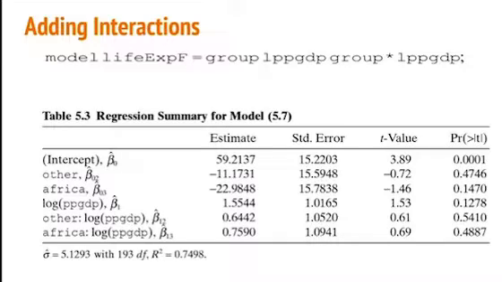Don't forget, the primary variable of interest is actually the group. Initially, we incorporated log PPGDP, and we also realized that maybe the relationship between the group and the life expectancy of female may actually depend on the log PPGDP, and that's what accounts for the interaction.